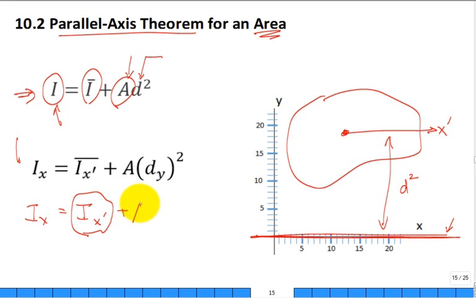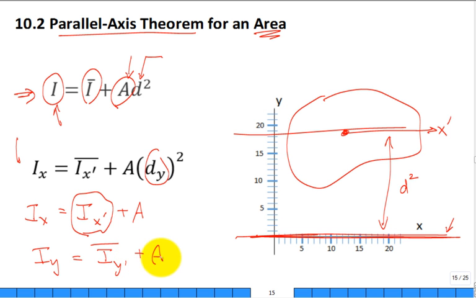And then you have that area, and now they emphasize, oh, this is the distance of separation in the y between the two x-axes. Can you guess what it is for I sub y is equal to I y prime? Okay, put the bar if you want to double emphasize it, plus the same area, distance between the two axes in the x squared.